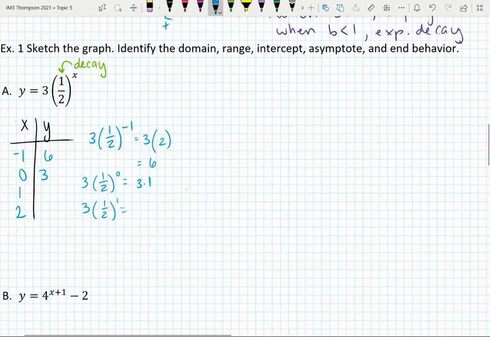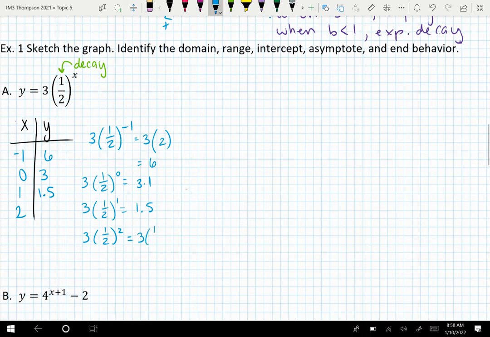One half to the power of 1 is just going to give me 3 times a half, so 3 halves, or 1.5. I'm going to graph this, so I'm going to leave it as a decimal because it's easier for me to plot. Let's see, 1/2 squared is 1/4. Gives me 3/4, and that's 0.75.